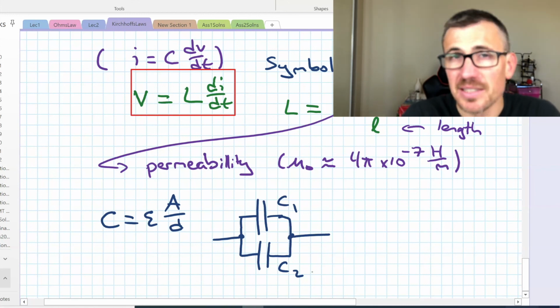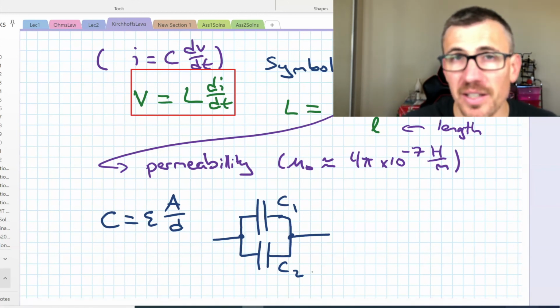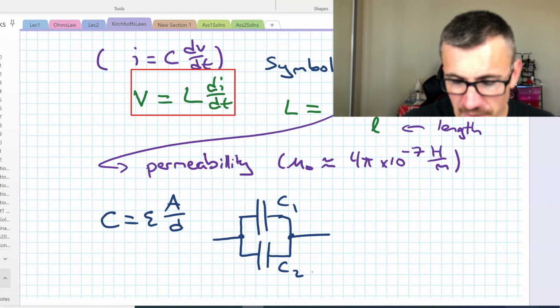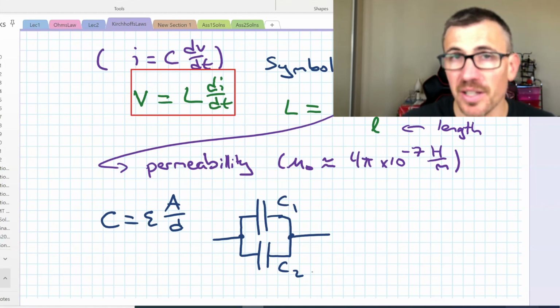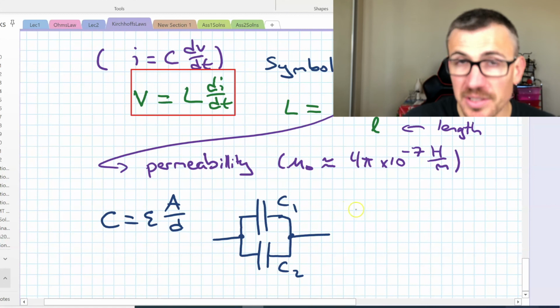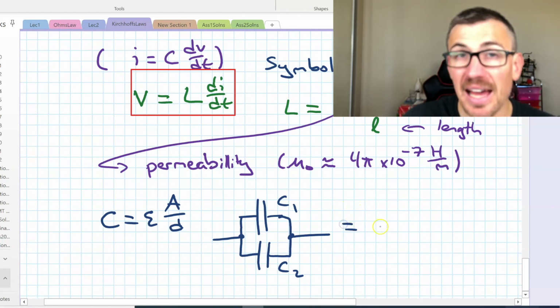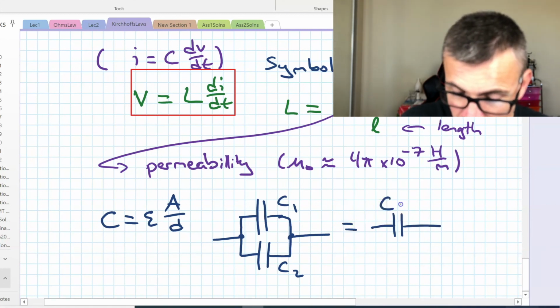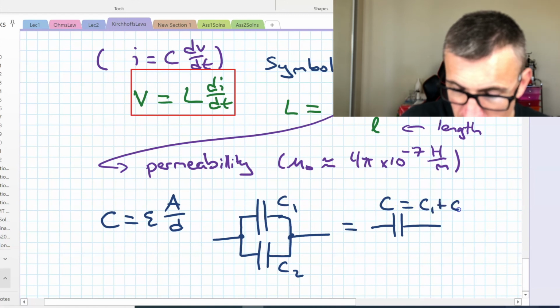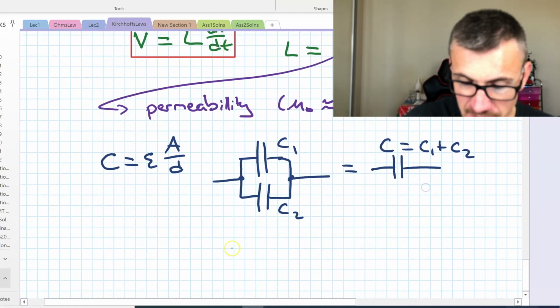Well, in this case, I actually have a larger effective area. Suppose the distances are the same. I have a larger effective area, therefore I have more capacitance, and it turns out that the capacitors add just like series resistors do. I get a bigger capacitance.